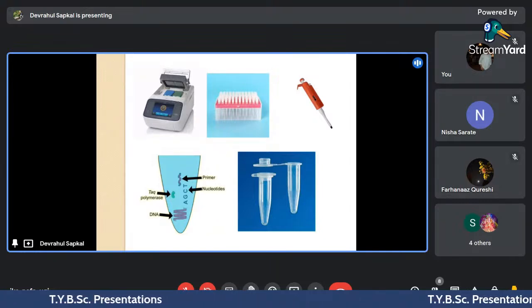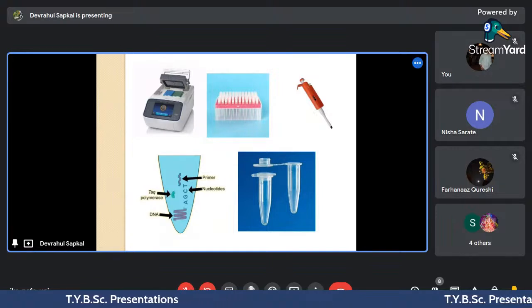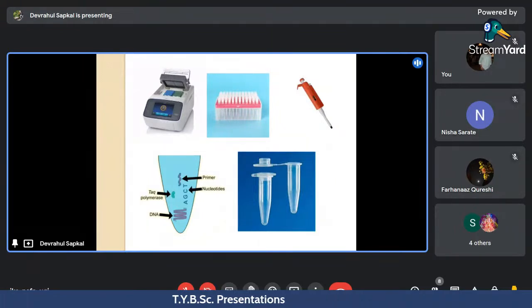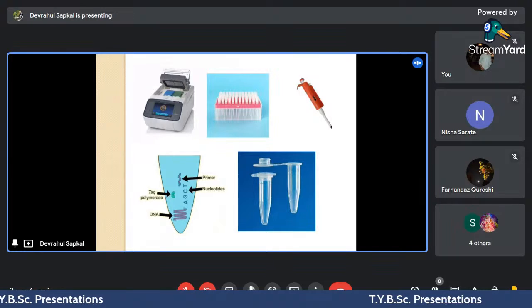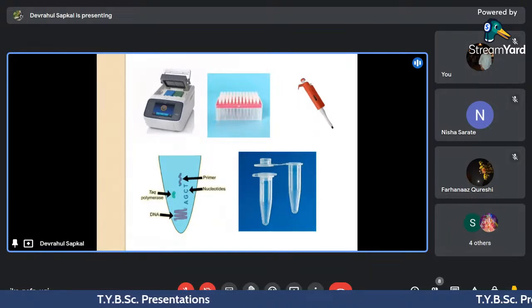We also require some components for the reaction mix: nucleotides, primer, template, and enzyme. We require to process the DNA cycle. So we mix all that requirement in a tube with the help of micropipettes, tubes, and tips.